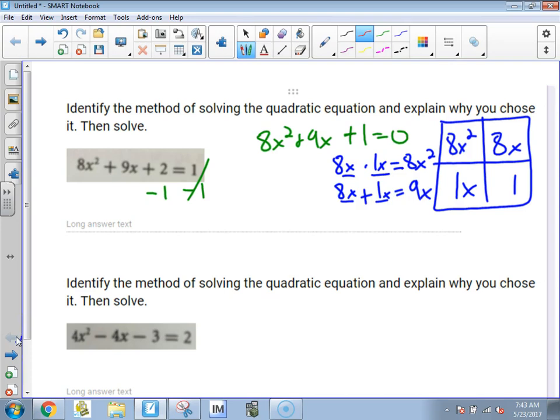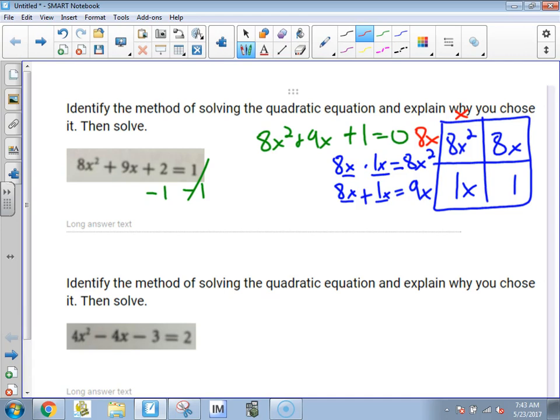Now, I don't want you to be thinking completing the square where we had to make sure we took the square root of 8x squared and put that to the left. Here we're actually going back to taking the GCF for the top row. What's the biggest amount I can divide the top row by? 8x. So 8x times 1x, or just x, is 8x squared.